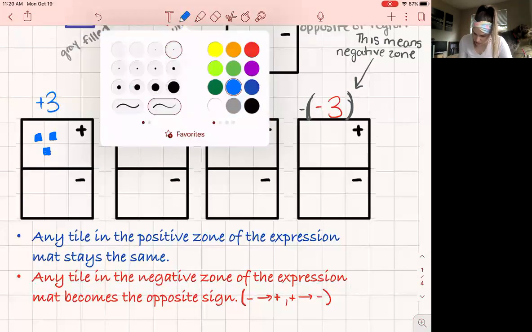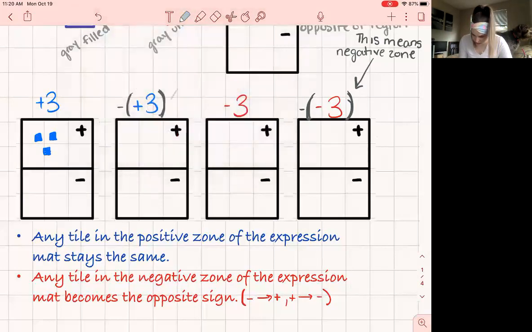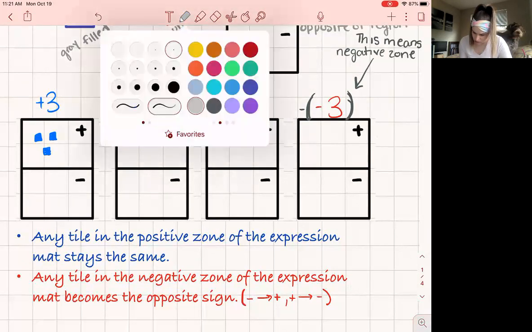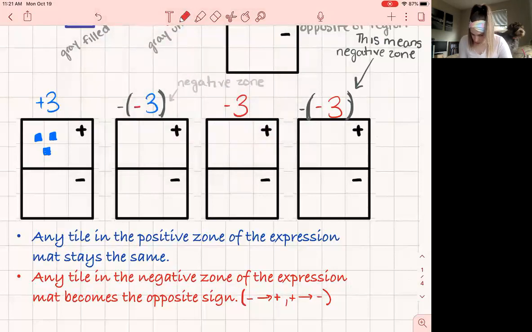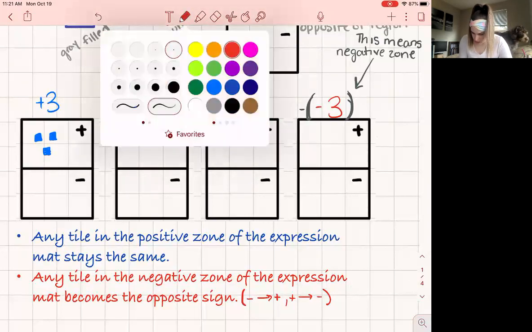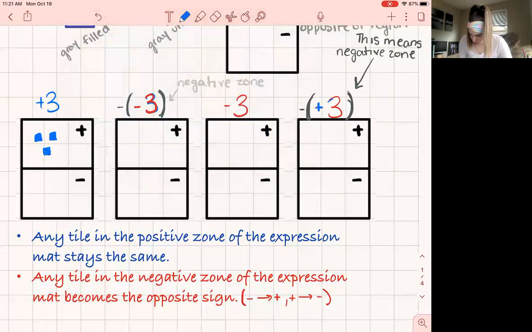So if you see parentheses like this, it means put those tiles in the negative zone. So this should actually be -3. And this one's going to be +3. And I'll show you why.